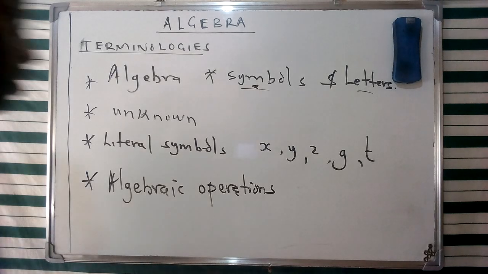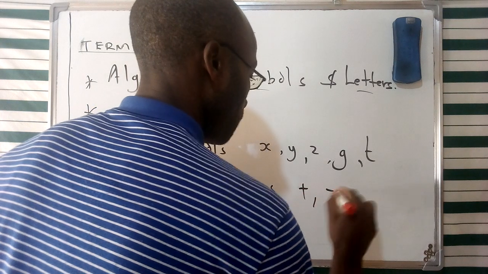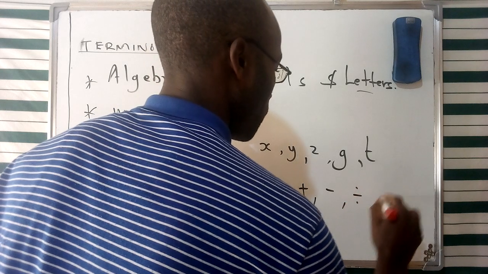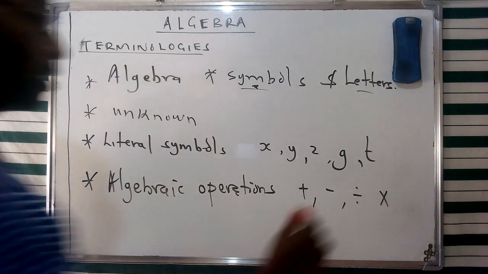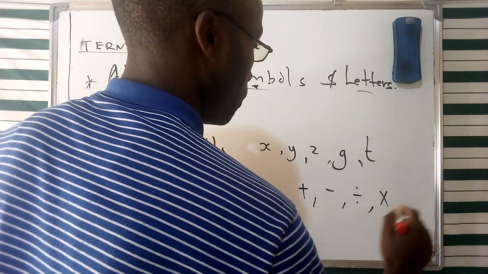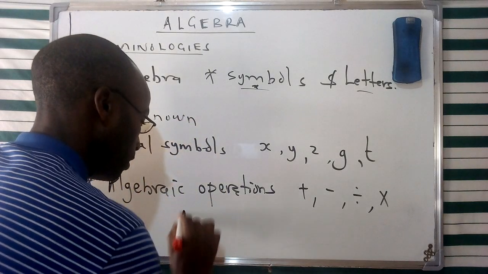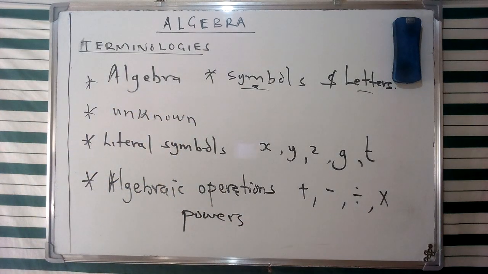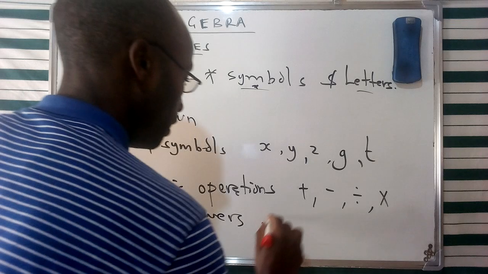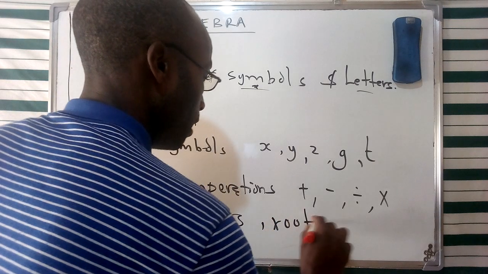They are going to constitute addition, subtraction, division, multiplication, and of course other representations like the exponents that we have been talking about. So this is going to consist also of the powers of the parts of algebraic expressions that we're going to see later, and perhaps the concept of roots.